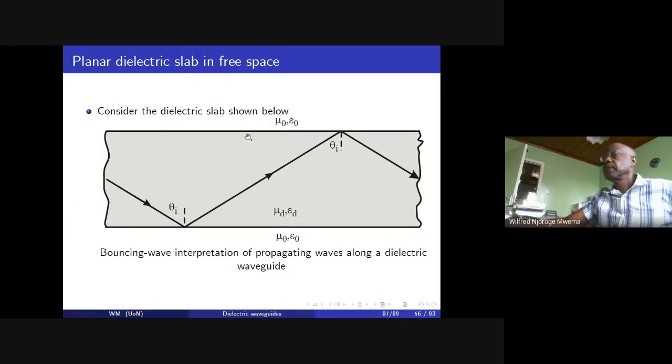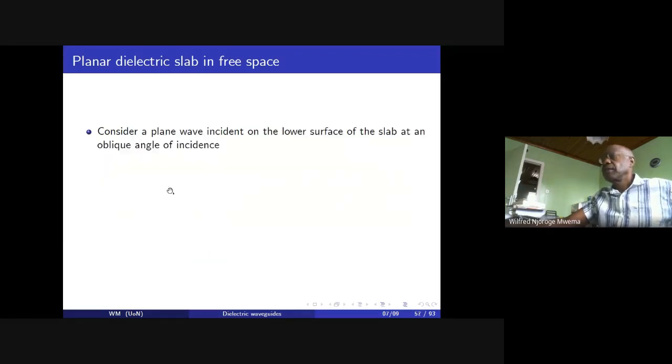Now, if we consider this dielectric as shown here, and we are launching a field or a wave at an angle theta i to the normal vector on the surface of the dielectric surface. So we consider the plane wave incident on the lower surface of the slab at an oblique angle of incidence.